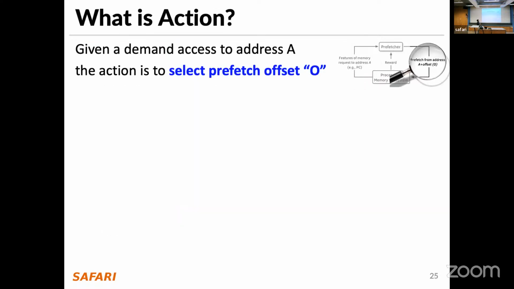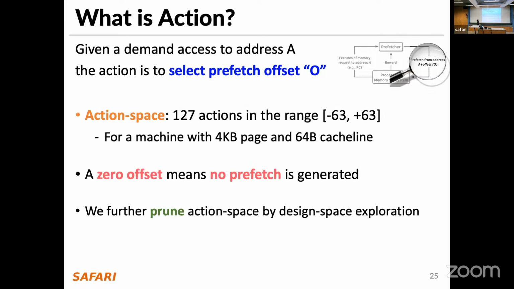Okay. So now let's see what the action is here. Action, as I said, is just as simple as finding that offset: I'm going to issue this offset ahead of me. Now, an offset can legitimately be negative. If you think of a traditionally sized machine, which has a 4 KB physical page and a 64 byte cache line, why are we caring about the page here?